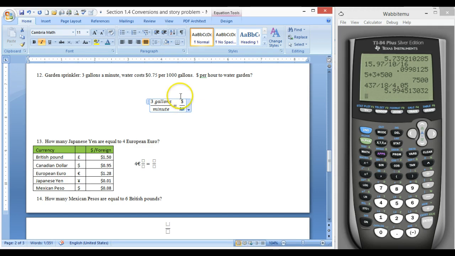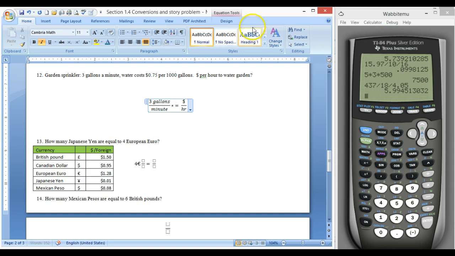I could have gone ahead and done the 75 cents at the beginning just to keep the dollars on the top, but I'm going to go ahead and start with the 3 gallons. It really doesn't matter because multiplication is commutative, meaning that you can reverse it and you still get the same thing. Like 2 times 1 is the same as 1 times 2.